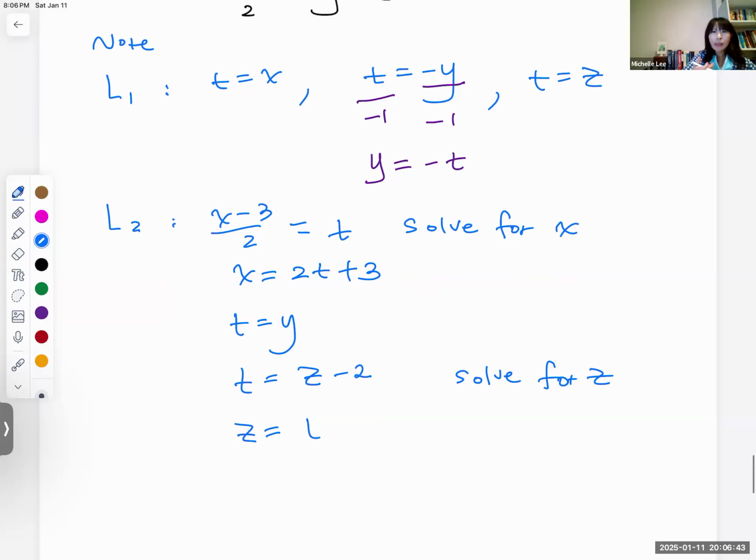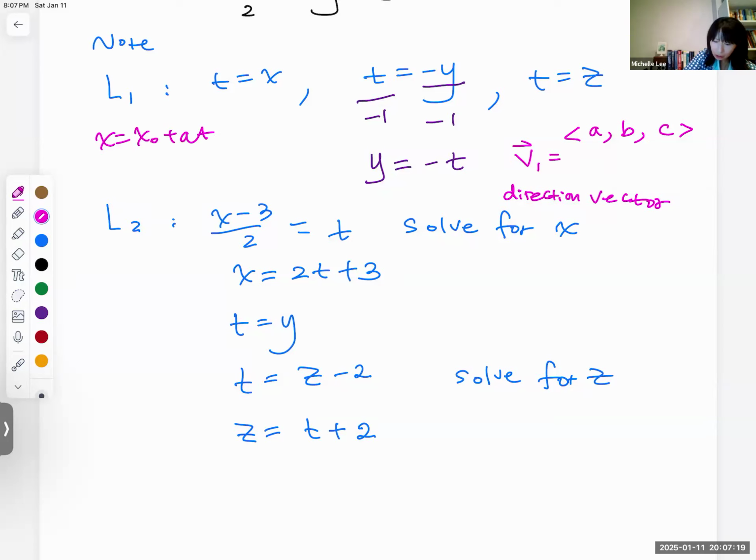Okay, so let's make a direction vector from line 1. So v sub 1, we denote this way, direction vector. So we will have the a, b, c, right? So a, b, c come from x equal to x naught plus at, y equal to y naught plus bt, z equal to z naught plus ct, right?